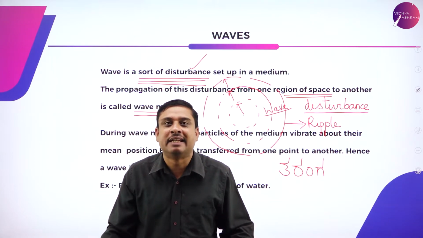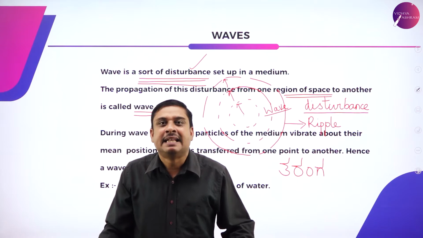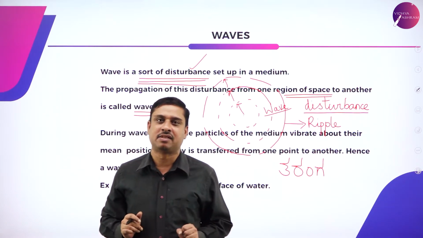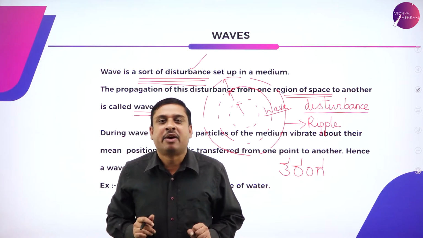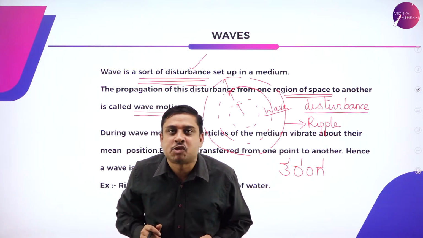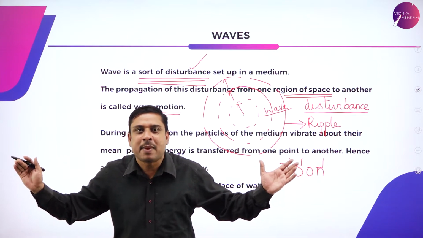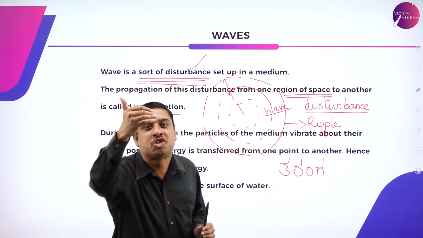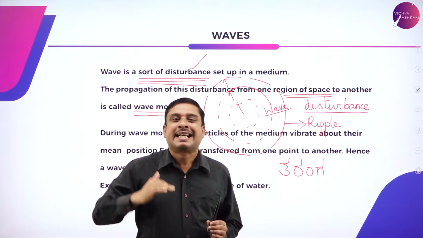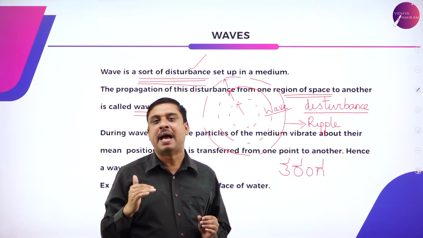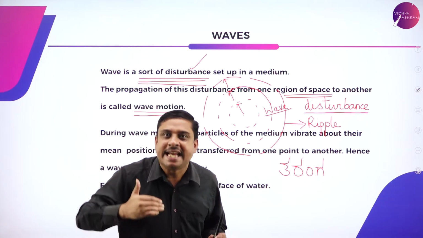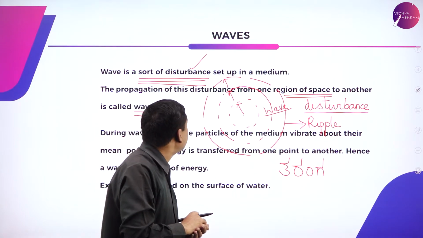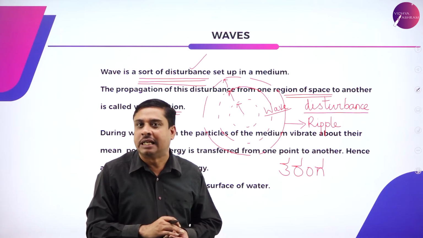Wave motion is the transfer of the disturbance from one region of space to another. Disturbance is a wave; propagation or carrying that disturbance from one region of space to another is what we call wave motion.